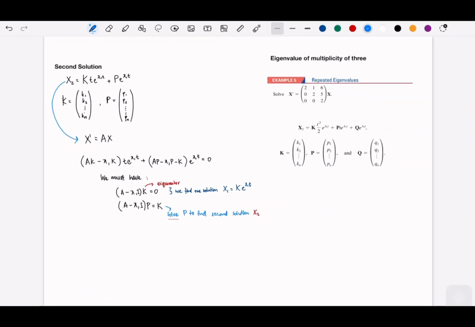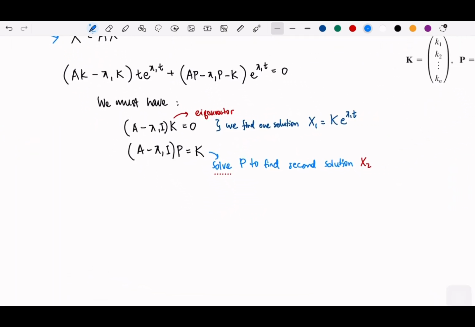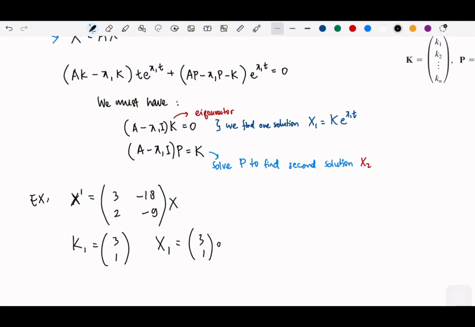Okay, let me give you some illustrations. The previous example, we are given that x prime equals the matrix 3, 2, negative 18, negative 9, right? And after we get the eigenvalues, we get that K1 is (3, 1), so x1 is (3, 1) e^(-3t). So this is the first step, finding the eigenvector.